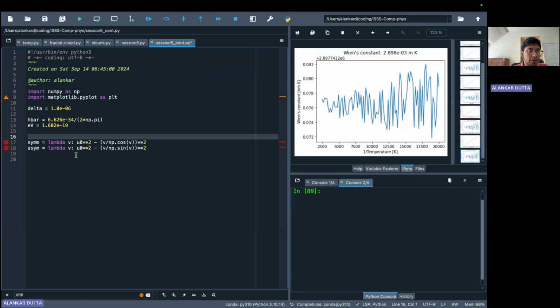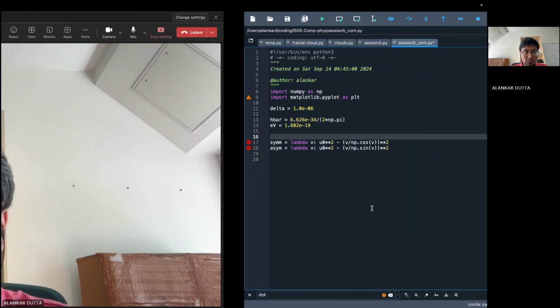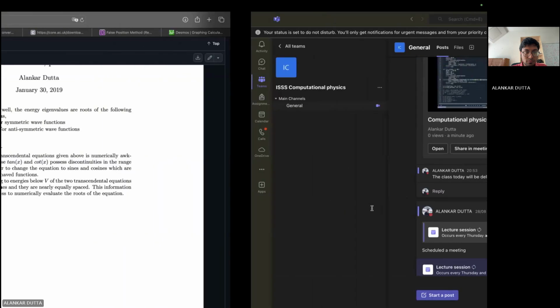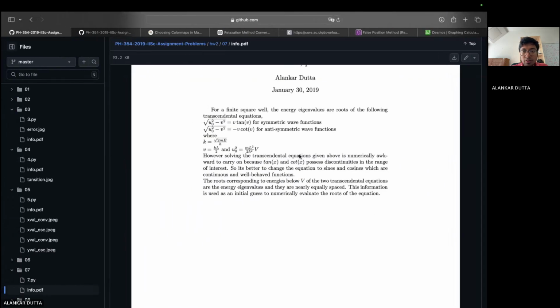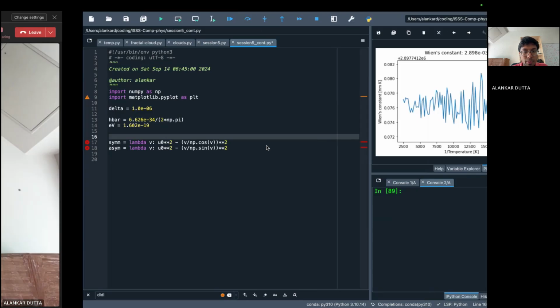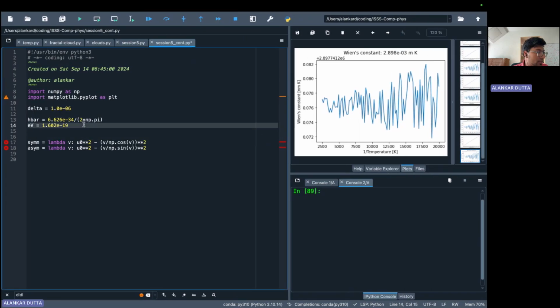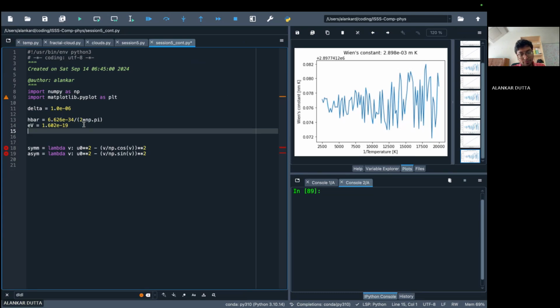And now we are going to find out what u naught is. So u naught is going to be m l square over 2 h bar squared times v. L is the size of the width, which is 1 nanometer.